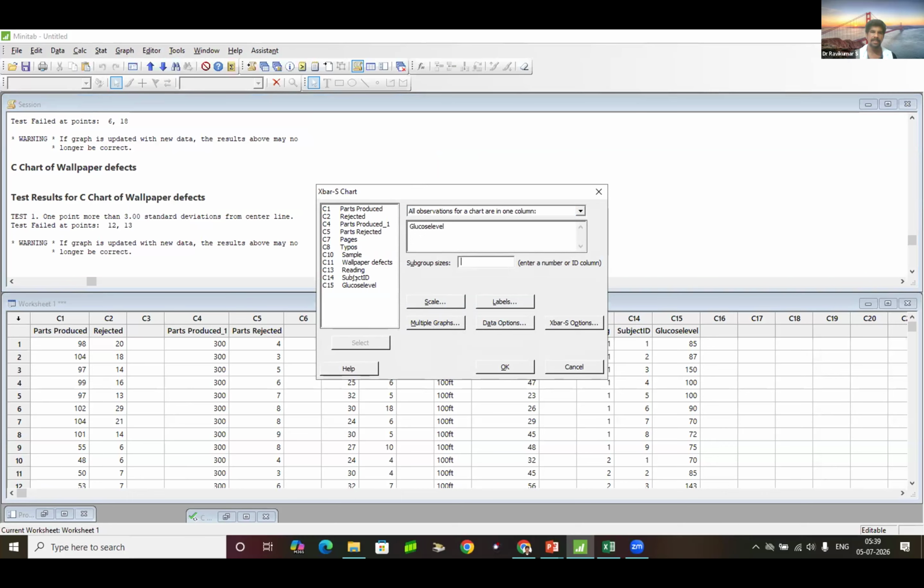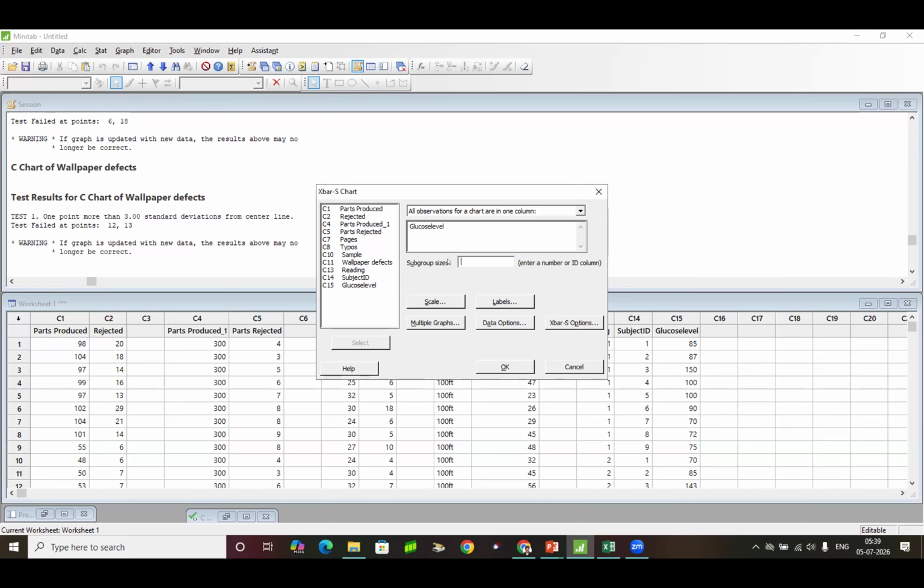Actually, you have to enter the subgroup size. What is the subgroup size here, guys? How many patients are being observed? Please listen. The glucose level is for how many patients we are observing? 9. 9 is the subgroup size.